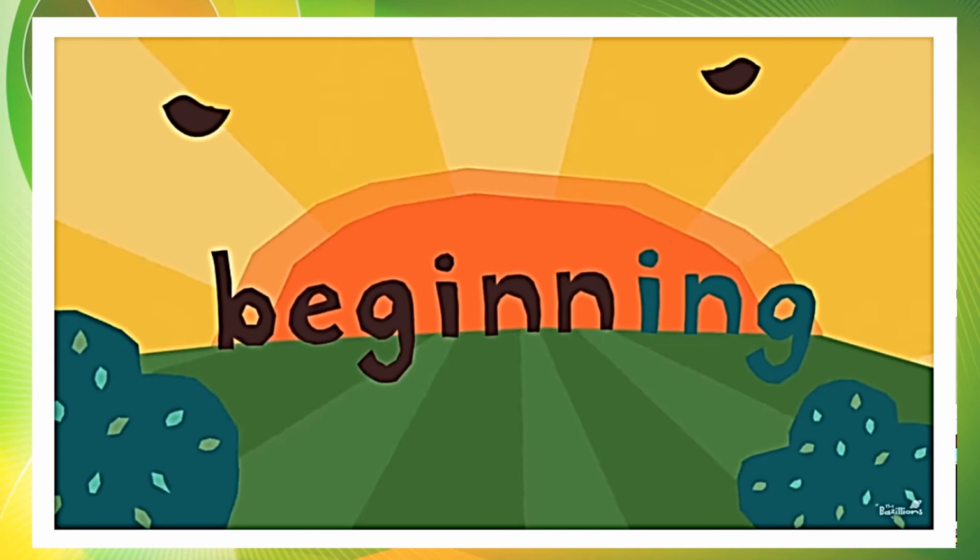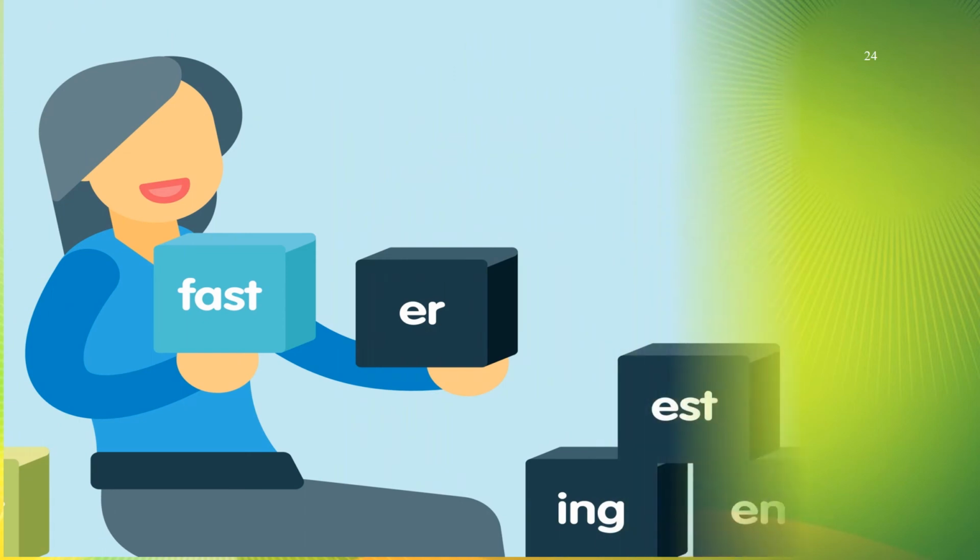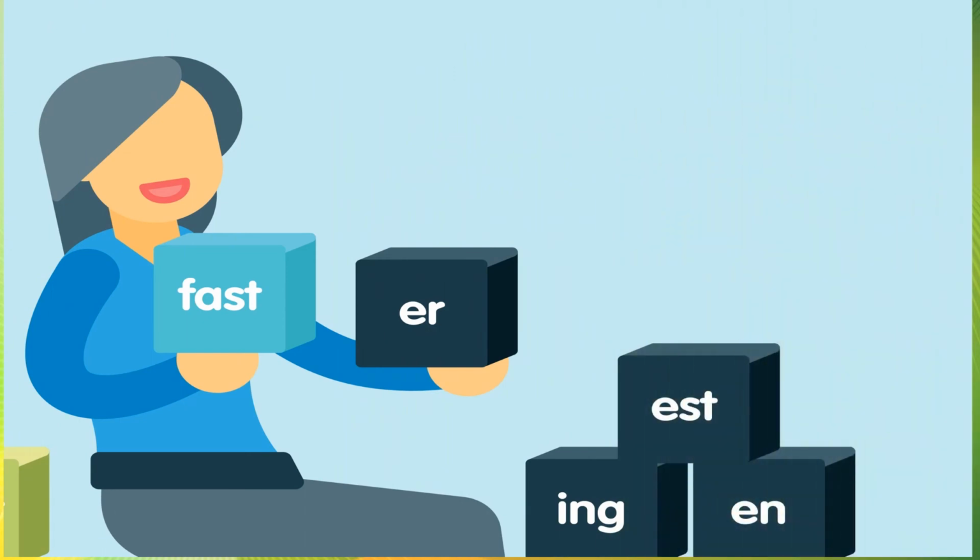Happy, happiness. Ness we have added there after happy. So here you can see how many suffixes we can add to a word from which we get new words. Fast is a root word or the base word.